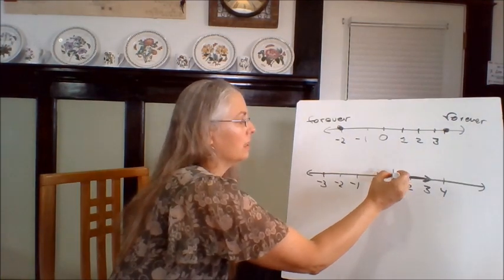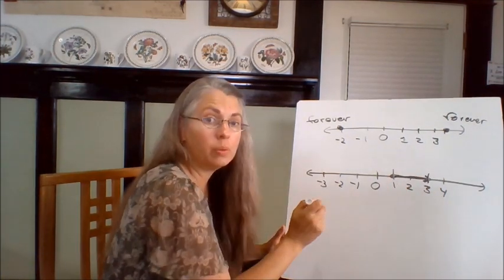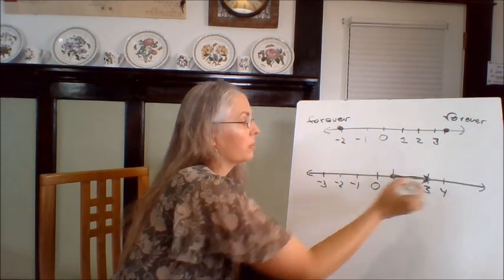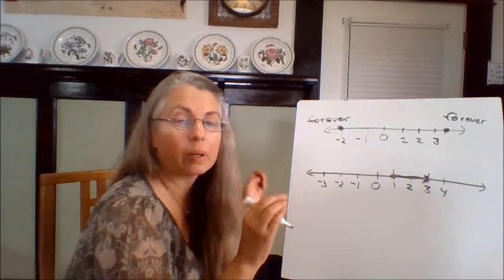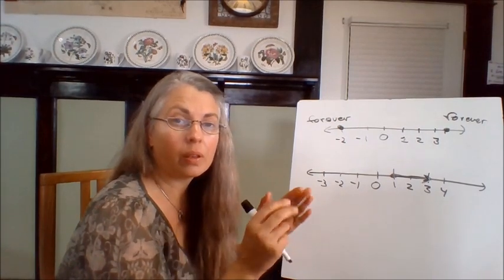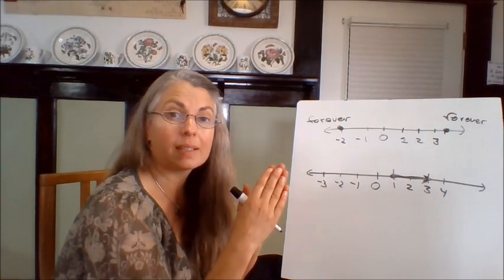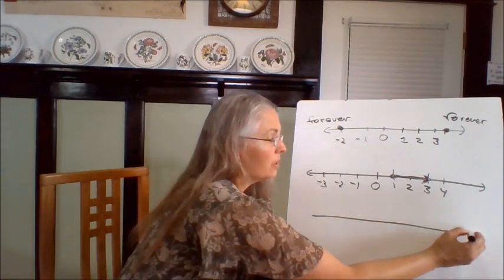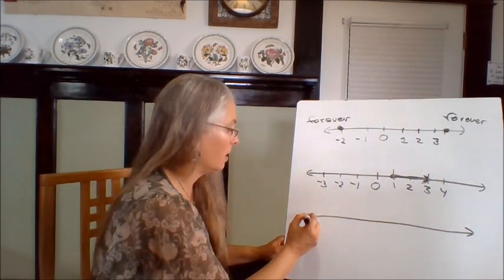This length right here is a length of 2, and the arrow is pointing to the right, so it's a positive number. So an arrow that represents a number is the distance that the arrow spans and has nothing to do with the location of that arrow.